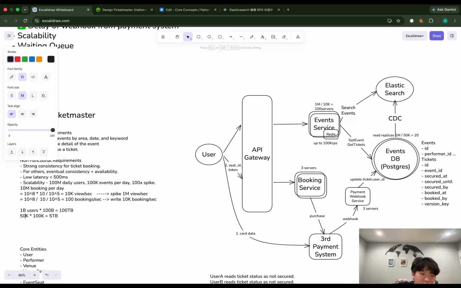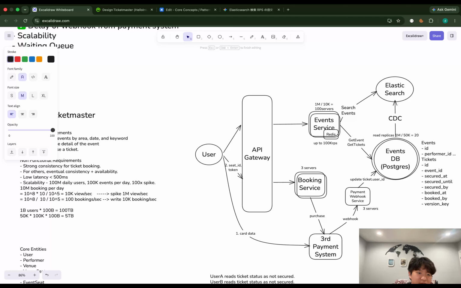Wait a minute. 50K, 100 bytes. This is the number of seats, and let's say each record has 100 bytes of data.